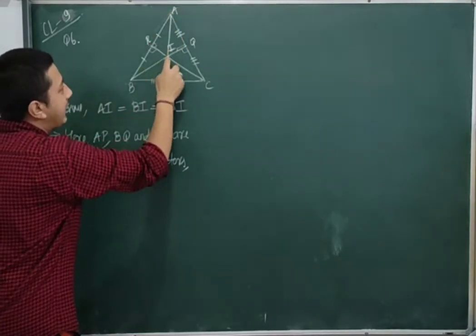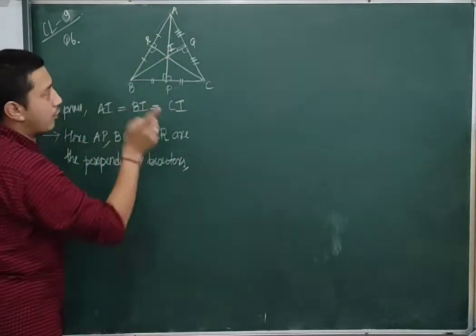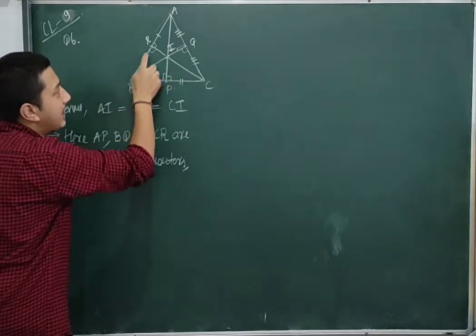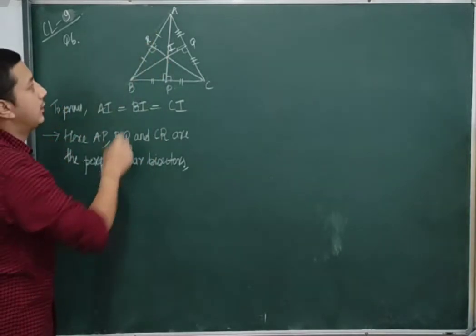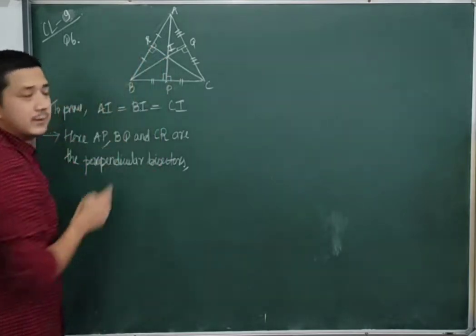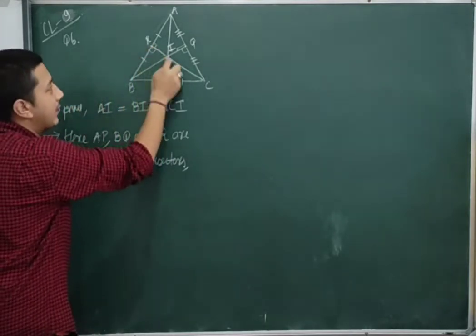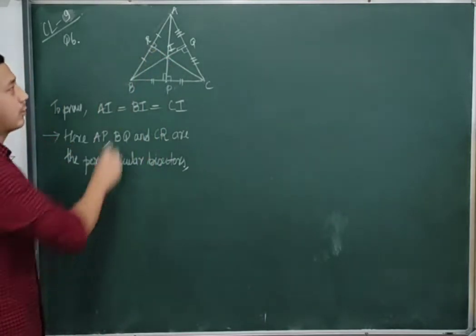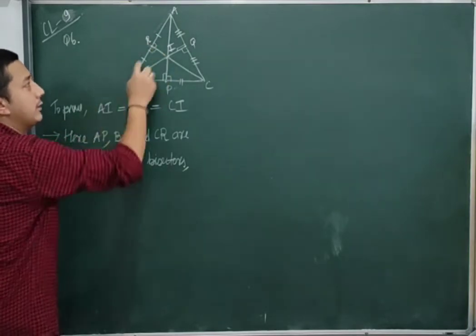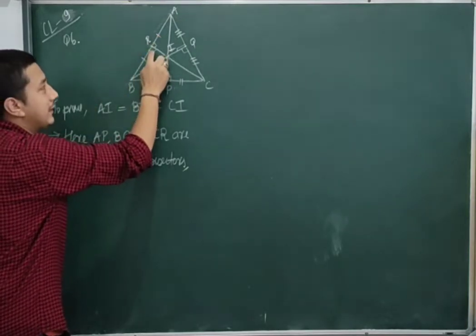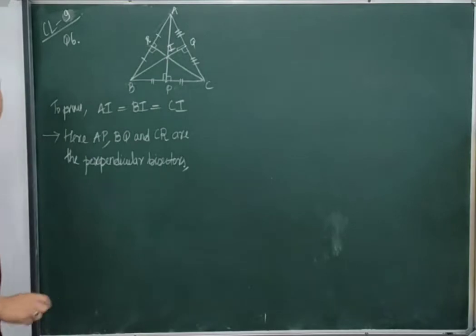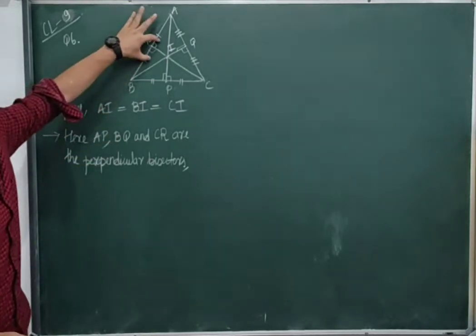ARI and BRI, are they congruent? Let us check. This side equals this side, this is equal to this 90, and RI is a common side, isn't it? RI is common, this is equal to this, and this 90 degree is equal to 90 degrees. So these two triangles are congruent to each other.